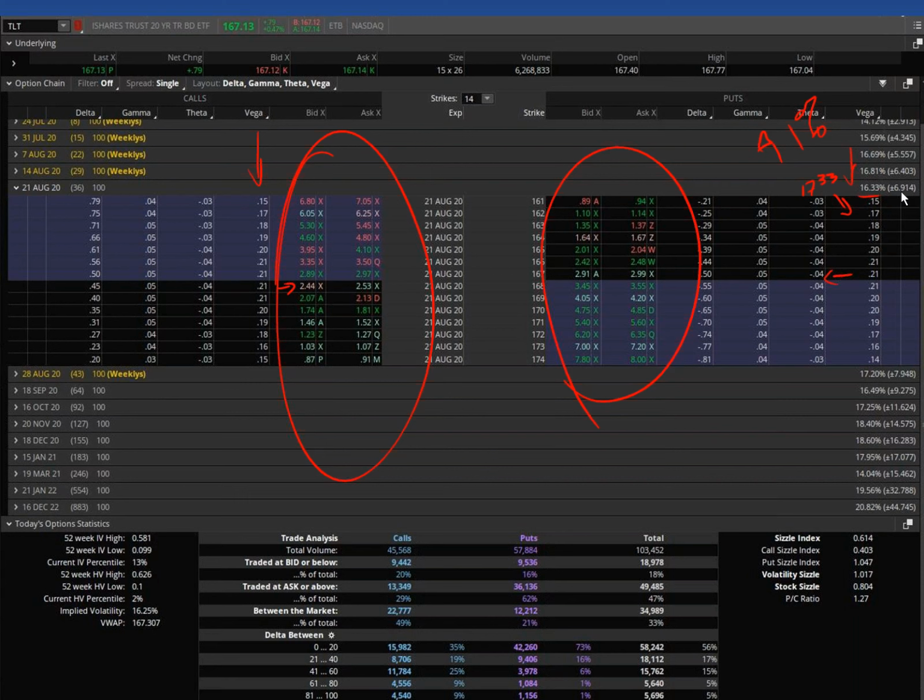Because then those premiums would be offset on the ones that I sold versus the ones that I bought. That volatility going up or down will be offset on the two different contracts that I own, right? If I bought one and volatility goes up, that's going to help me because I bought it lower than where it is now. It's going to hurt me equally on the ones that I sold, though. So we can offset that, right?